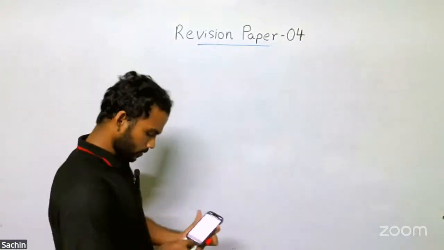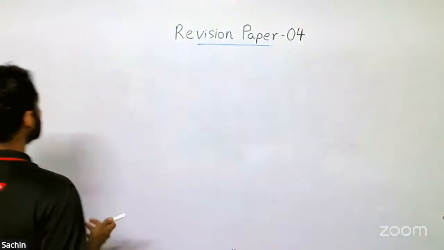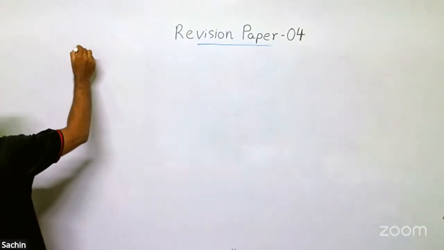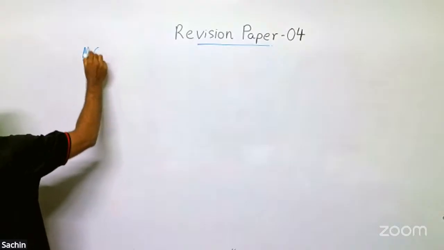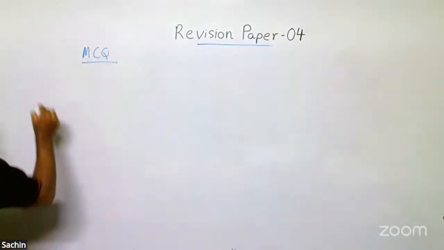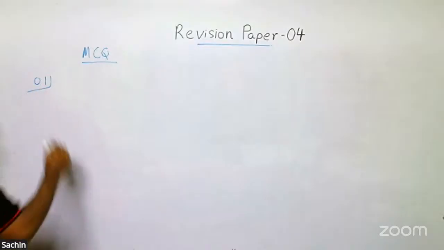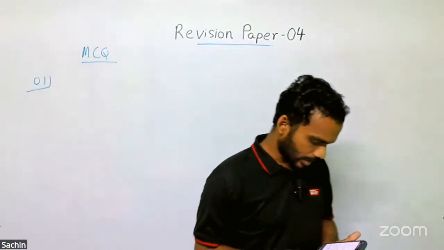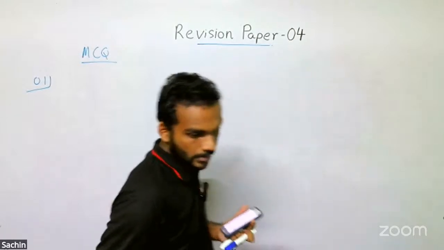So revision paper 4, part for the physics 1 MCQ. First one: from the following physical quantities, the units of impulse is equal to the units of.